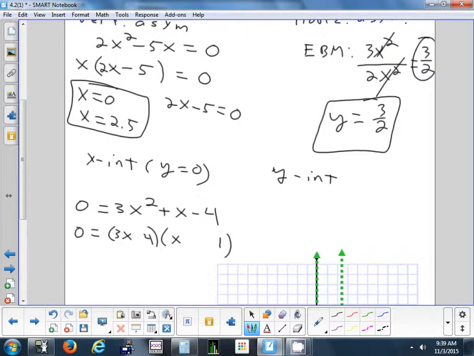So where would I put my signs? A negative 4 and a positive 1. Let's check. 3x, take away 4x, oh, that's negative 1. So what do I got to do? Just switch my signs. So now we get negative 3 plus 4. Yep, we're good.